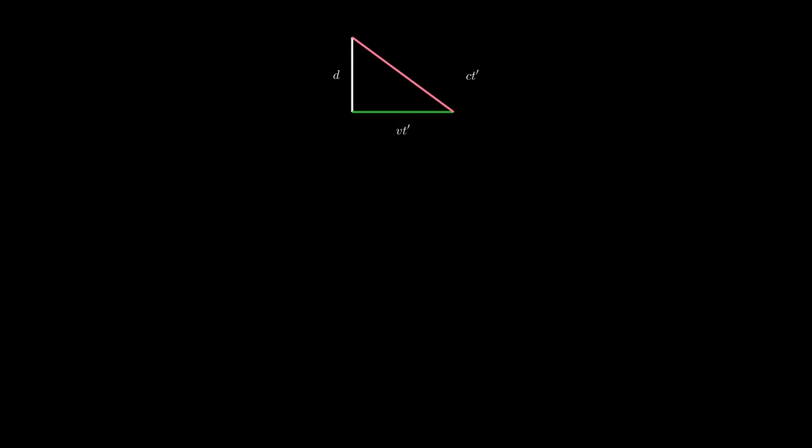Let's derive the exact formula for time dilation using geometry. We can form a right triangle. The vertical side is the distance d, the horizontal side is the distance the clock moved, v times t prime, and the hypotenuse is the diagonal path, c times t prime. By the Pythagorean theorem, c squared times t prime squared equals d squared plus v squared times t prime squared.